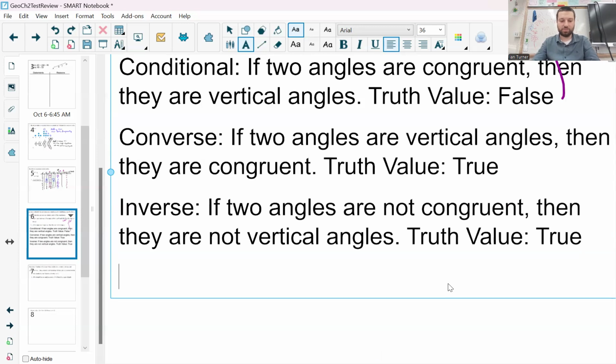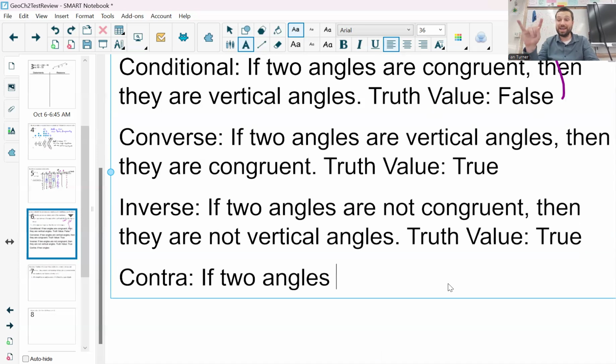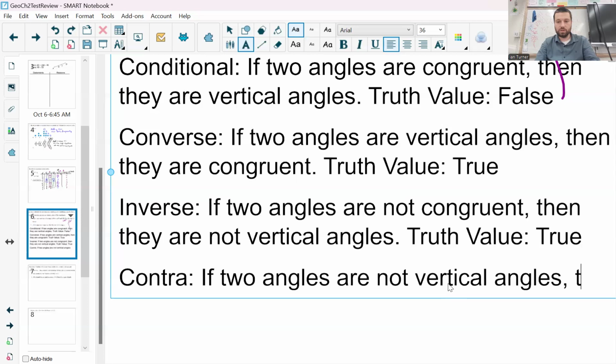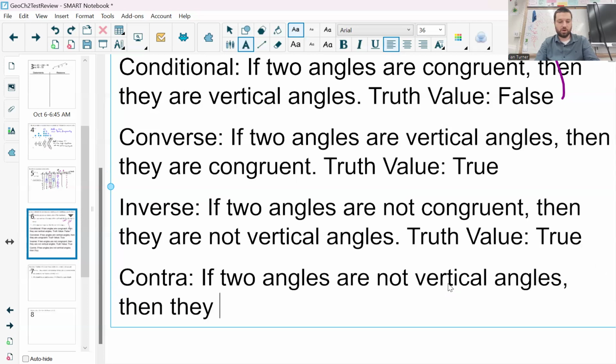Lastly, the contrapositive, everybody's favorite, okay? I ran contra. Ask Mr. Hecko about that. All right. So again, we negate and flip the original. So if two angles are not vertical angles, then they are not congruent.